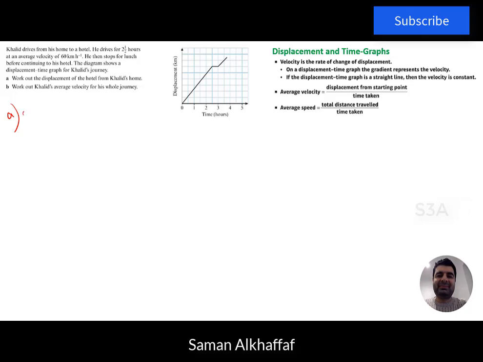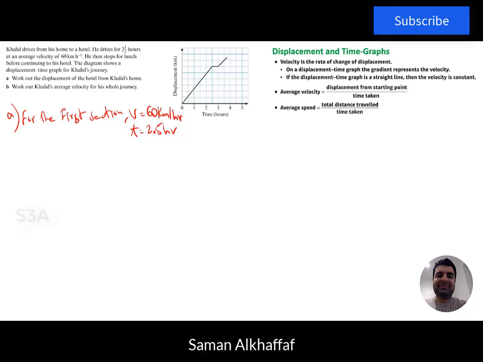So for part A we need to find, for the first section of the journey, the displacement. We know the velocity is 60 kilometers per hour, and we know the time taken is approximately 2.5 hours.